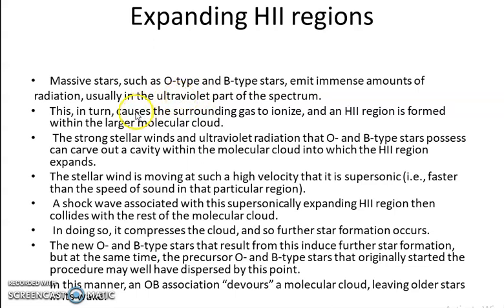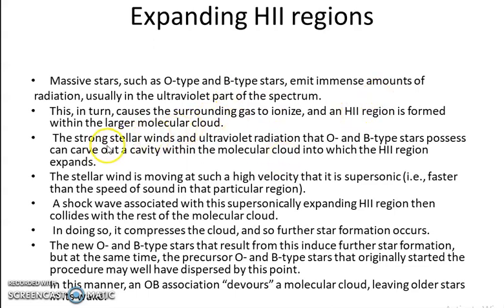Due to this radiation, the surrounding gas is ionized. The hydrogen there is ionized, and an H2 region is formed within the large molecular cloud. The radiation coming from these O and B type stars ionizes the interstellar hydrogen, which in turn forms the H2 region.